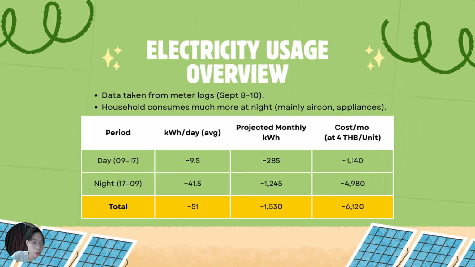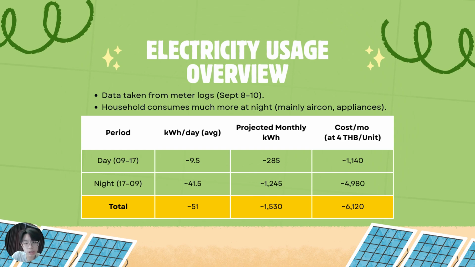So this is the total 51, and we project it into monthly by multiplying it by 30 because of 30 days, and then we get this number, and we multiply by 4 as the unit rate of the Thai electricity bill, and this is where we get the numbers.